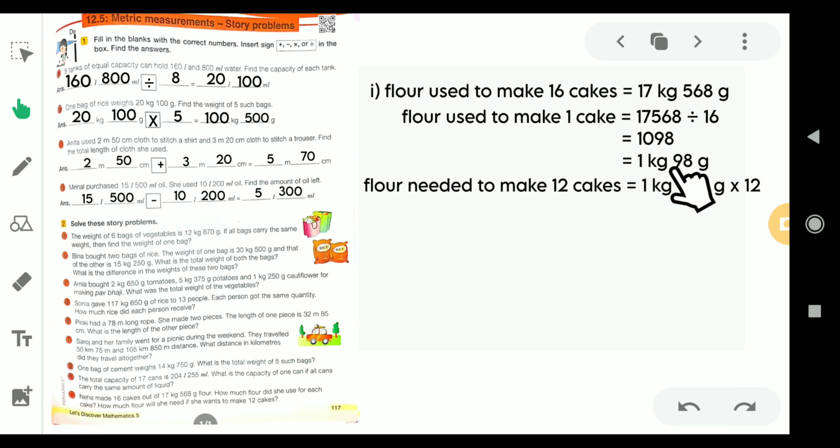So it is 1 kg 98 gram. It can also be written as 1 kg 098 gram, which must be multiplied by 12, so that your product would be 13176, and first 3 places for gram and the next digits for kg, so 13 kg 176 gram of flour is required for making 12 cakes.